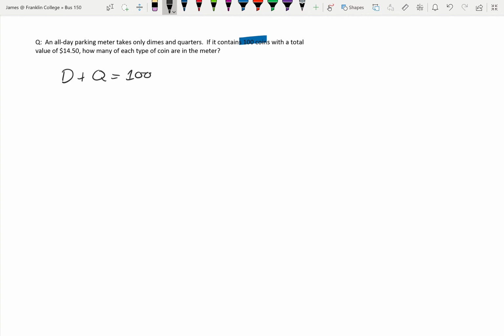And we also know that there's $14.50 worth of coins. So 0.1 times the number of dimes plus 0.25 times the number of quarters is going to equal $14.50. So we have two equations, two unknowns, and we can solve for both unknowns.